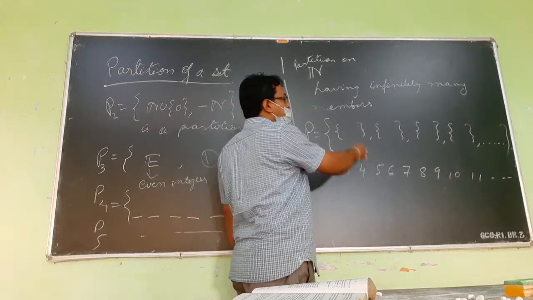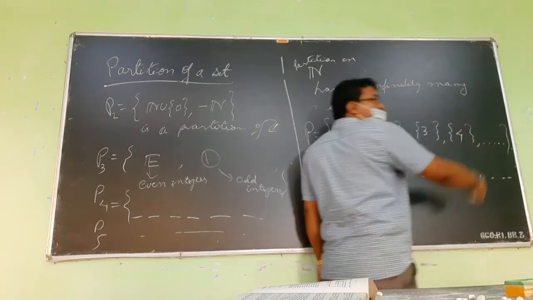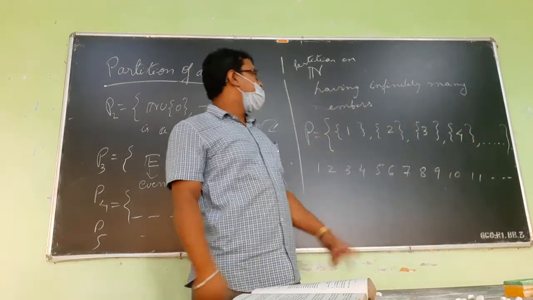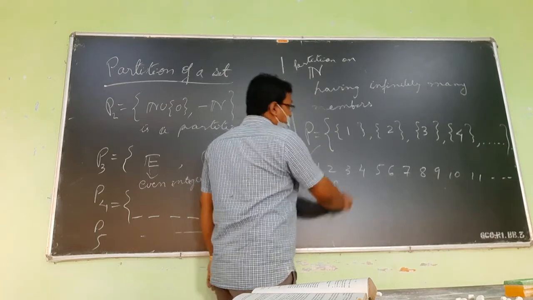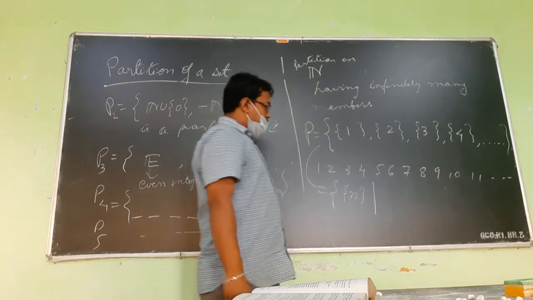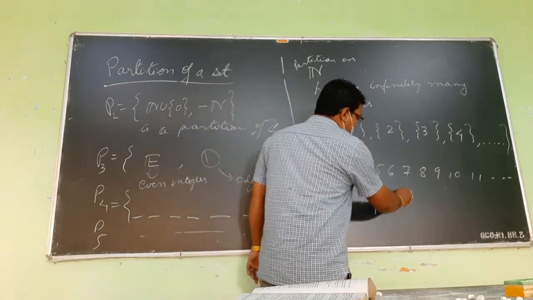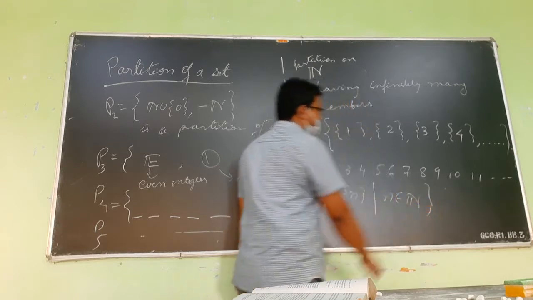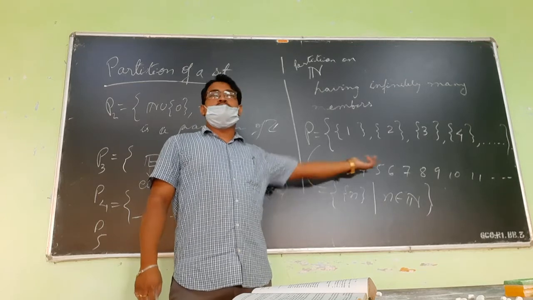Each one is a subset. Singleton 1, singleton 2, singleton 3, singleton 4. So how will you write this? This is in roster form. How will you write this in set builder form? This is the collection of all singleton n such that n belongs to the natural numbers. This is the collection of all singleton subsets of n.